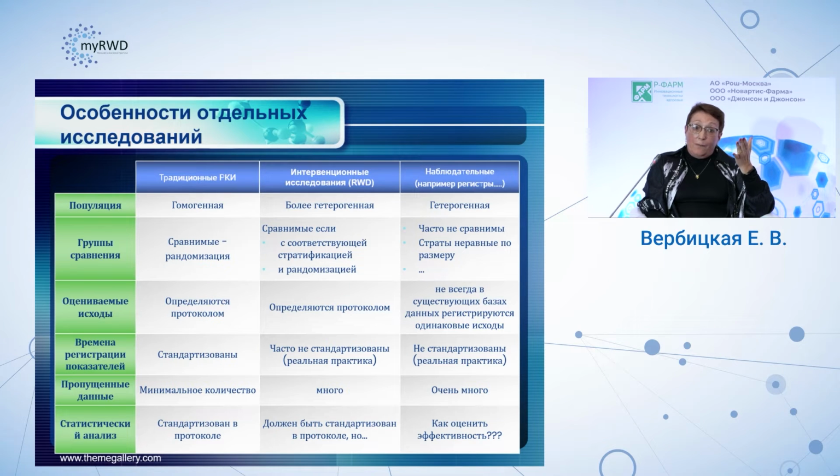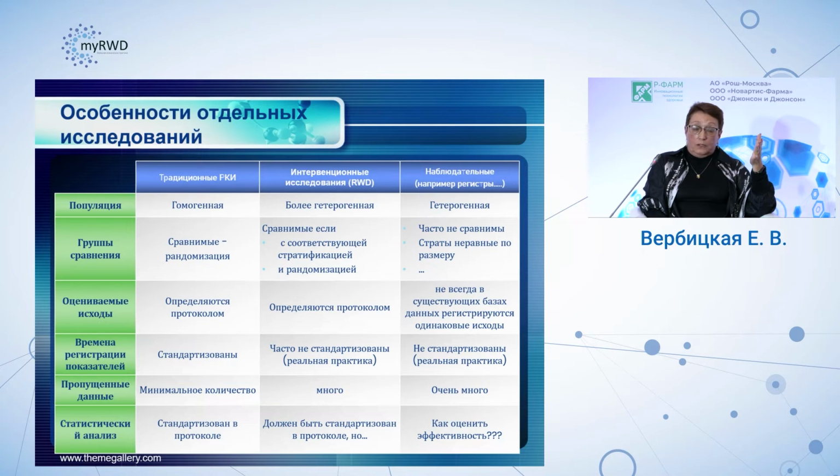There are absolutely comparative groups in usual trials, and interventional. We have problems, but a very difficult problem arises in observational trials. The groups sometimes are not comparable. The strata are different in number.